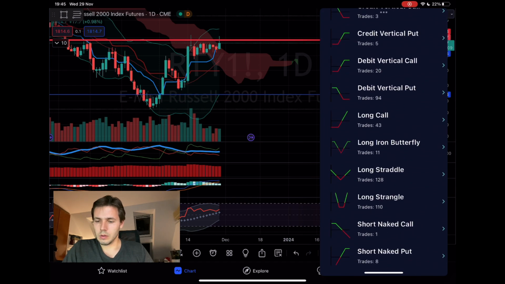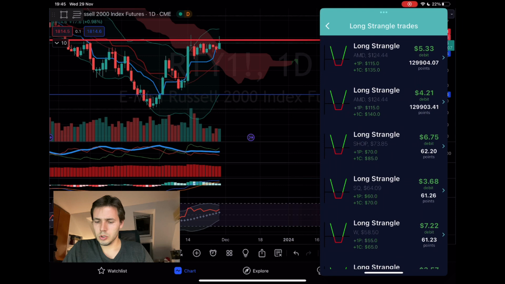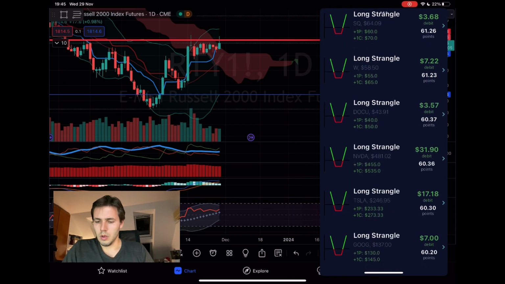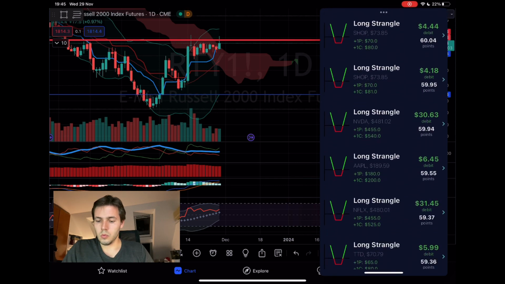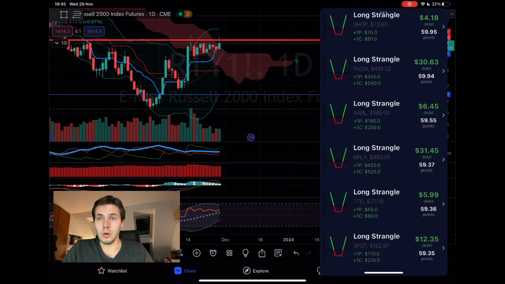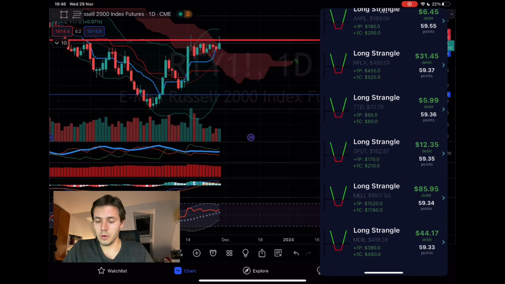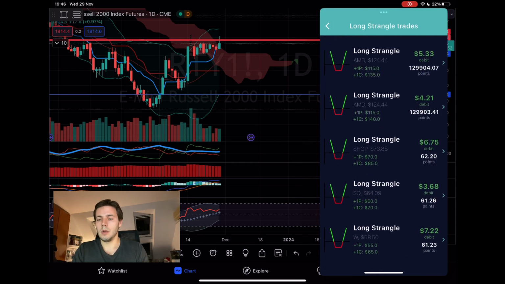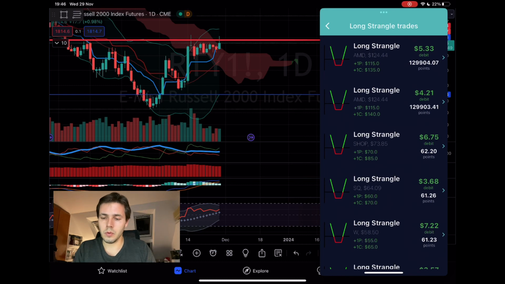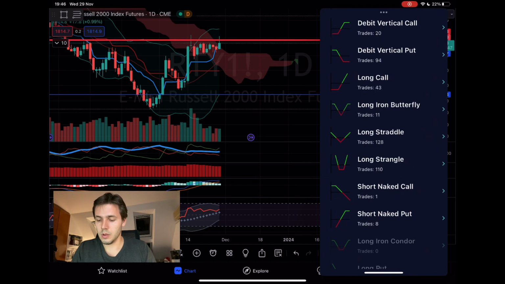And maybe Strangles, AMD, Shopify. Well, I would want to go with the market here. I would prefer ETFs, but here we only have single companies, so not for today, not for the market in the current condition.